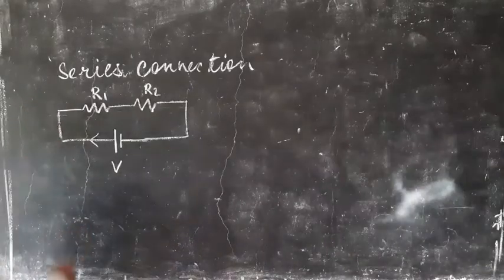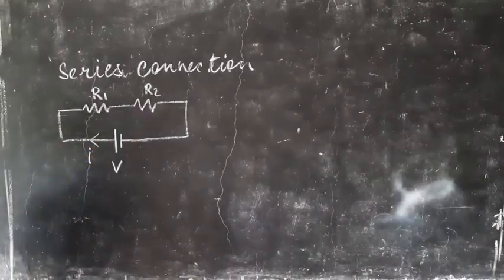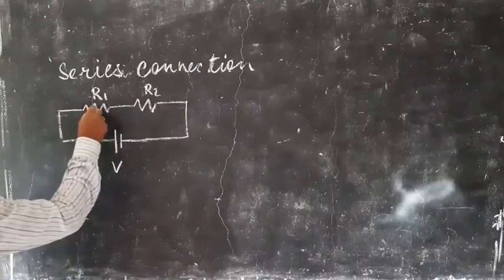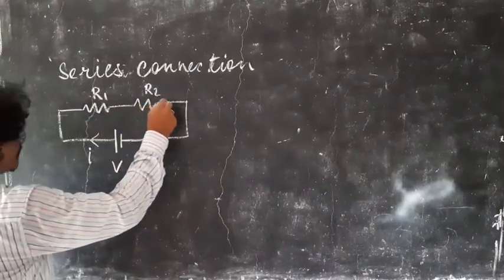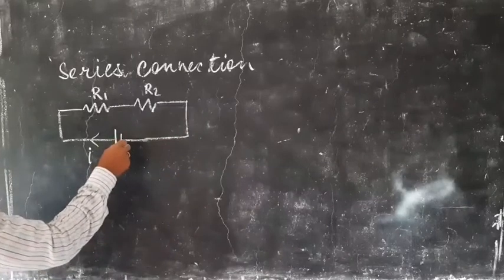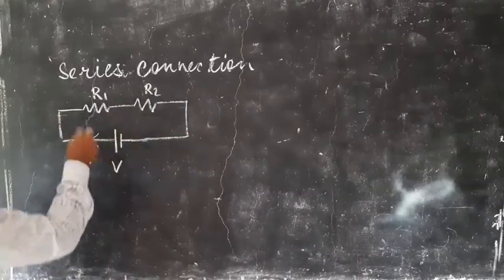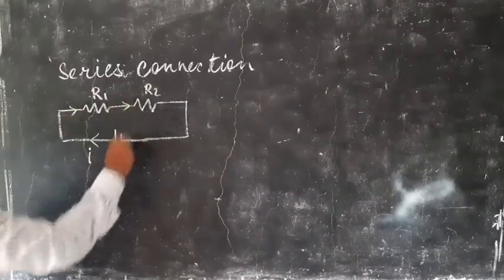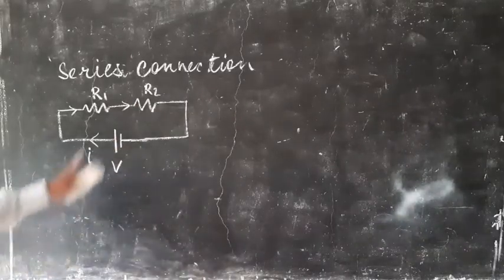Current has only one option. It will go through R1, then R2, and then come back here. So the same current will flow through both resistors.